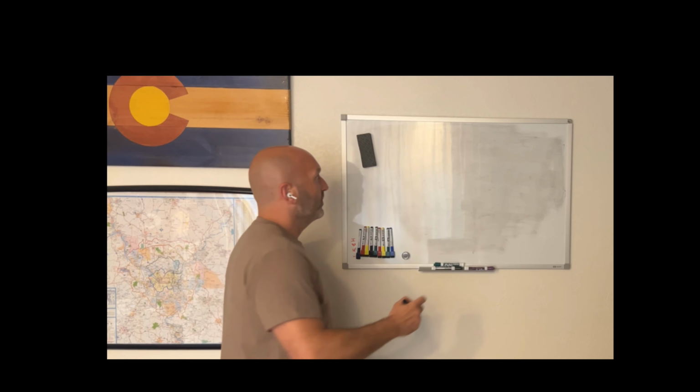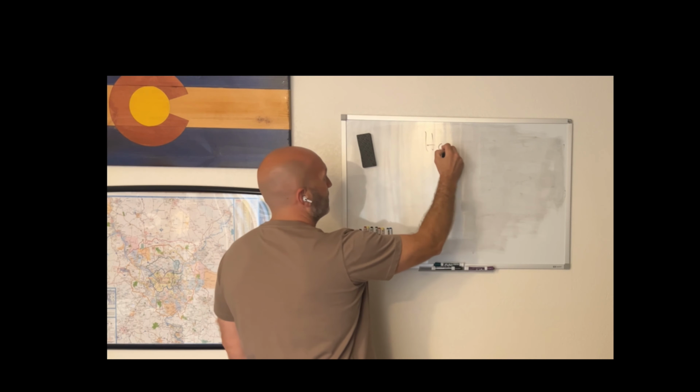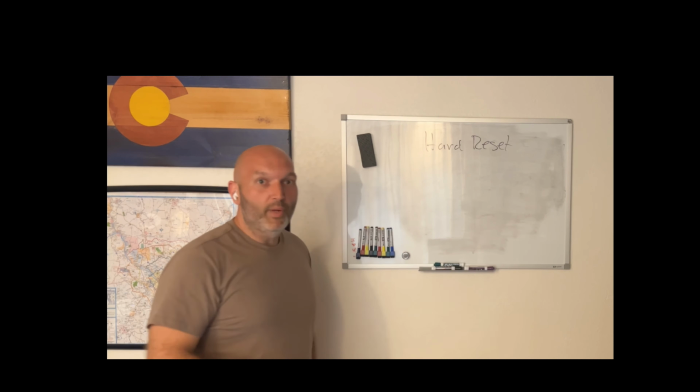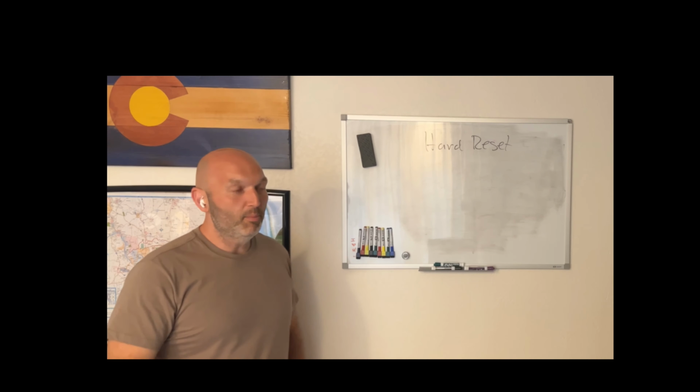The last thing we're going to transition into is git reset. There are soft resets and there are hard resets. Let's talk about the hard reset first. Remember we said a branch is a mutable set of commits. We can change the branches.